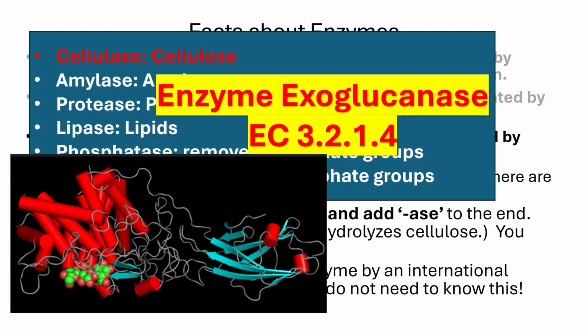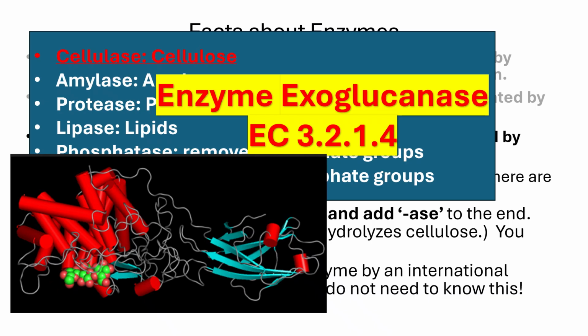An exoglucanase is an enzyme that breaks down cellulose from the end, working its way inwards, as opposed to a cellulase that can start breaking down a cellulose molecule from an interior position, from the middle. We call that an endoglucanase. But anyway, we don't really care about that.